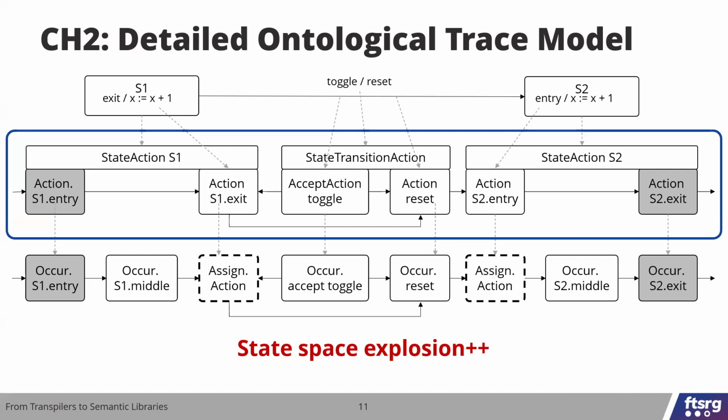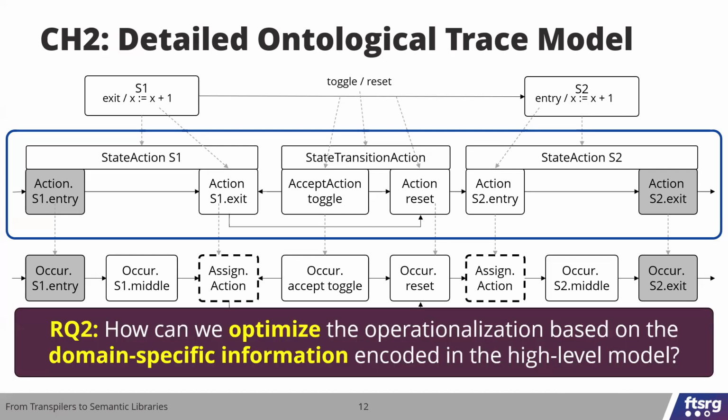So that is the second challenge: how do we optimize these operational libraries, and how do we remove these unnecessary details that our model checker could interpret in a more optimized, or more efficient manner. And also, how can we use these abstraction levels?